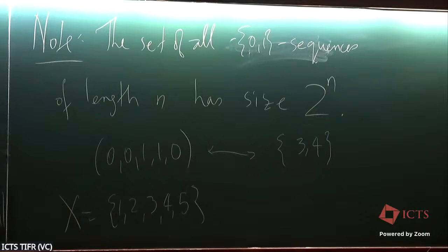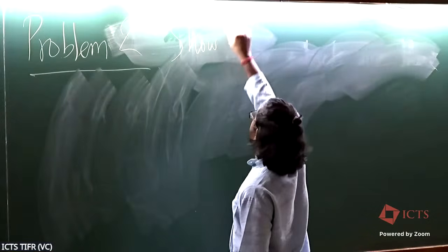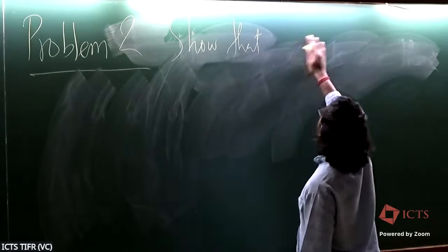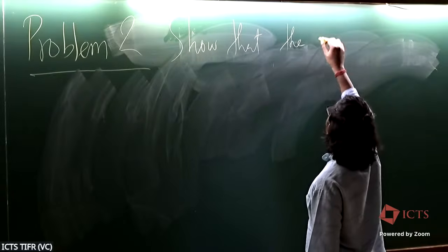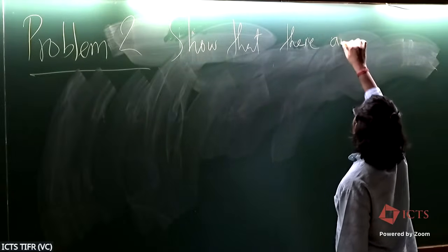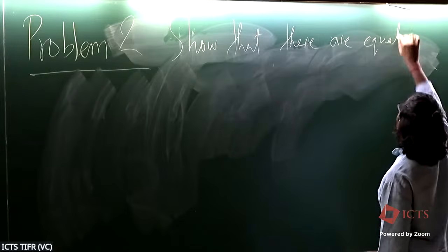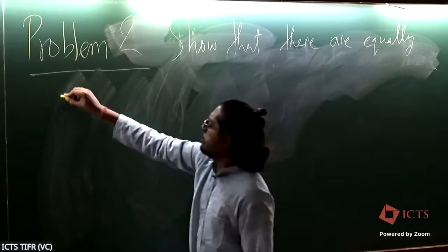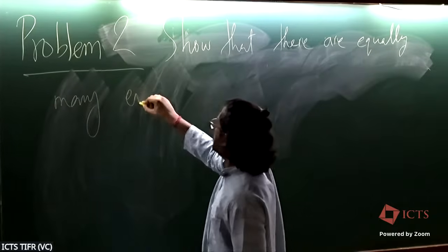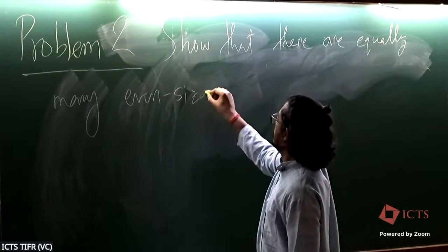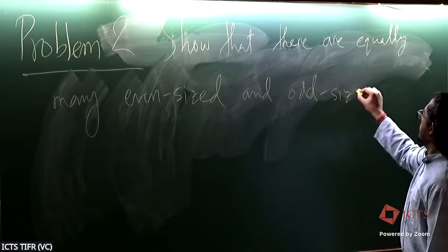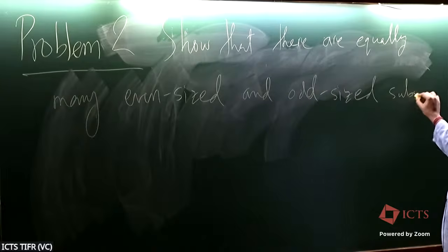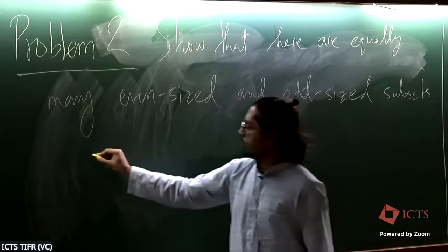Show that there are equally many even sized and odd sized subsets of a set of size n.